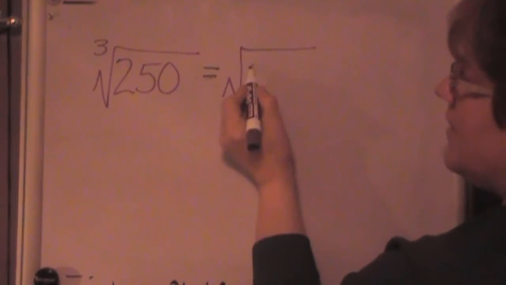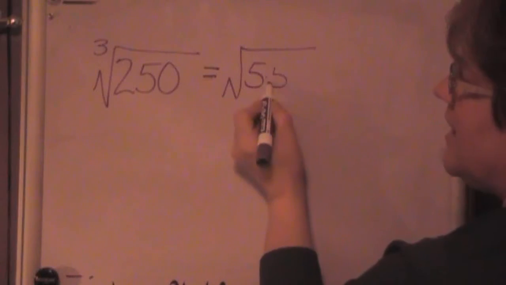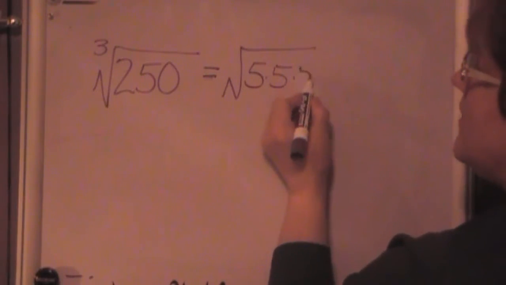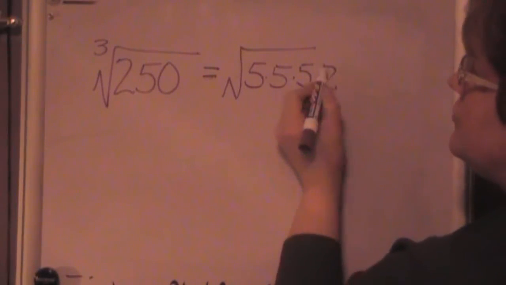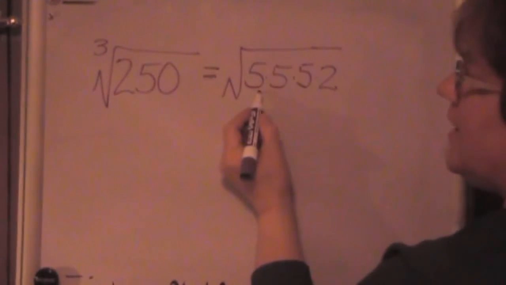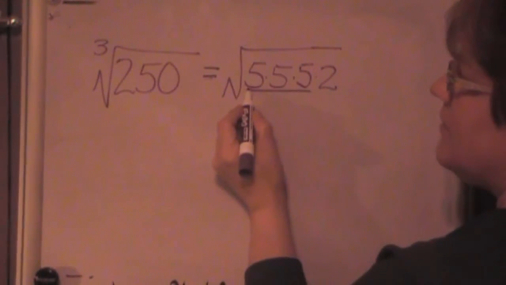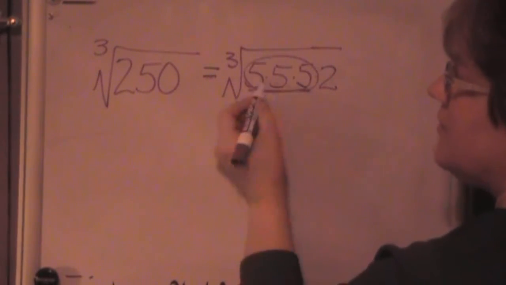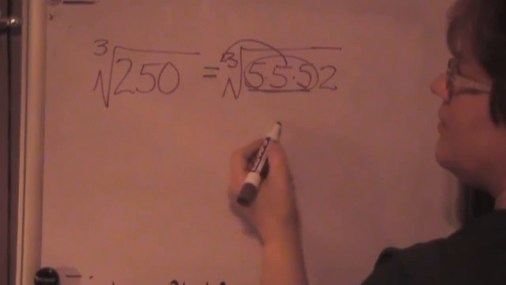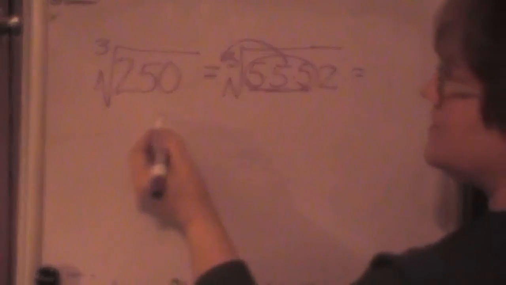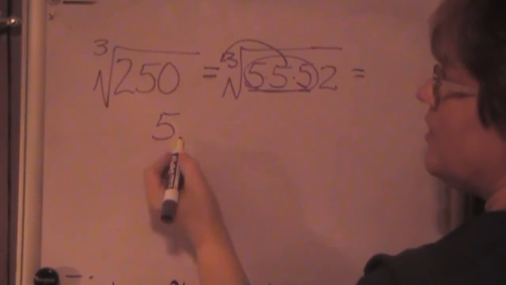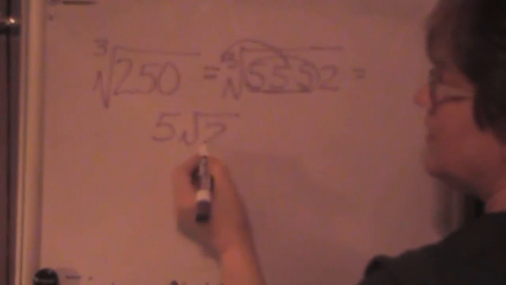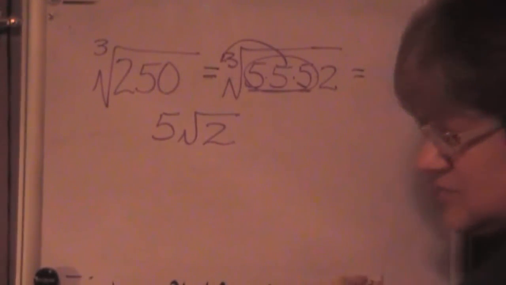So if I have 5 times 5, which is the 25, times 5 times 2, you can see the entire factoring in here is I have 3 of these, which matches my index of 3. So since I have 3, and I'm taking the cube root, I bring one of them out and leave what's left in. Remember, when one of them comes out, I just have 1. So 5 root 2 is the answer to this.